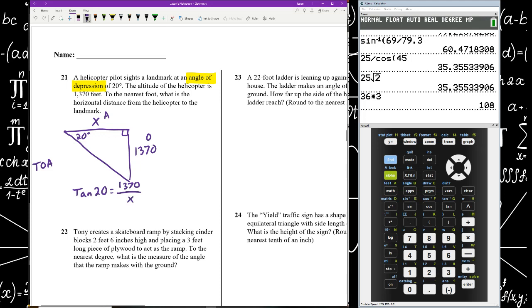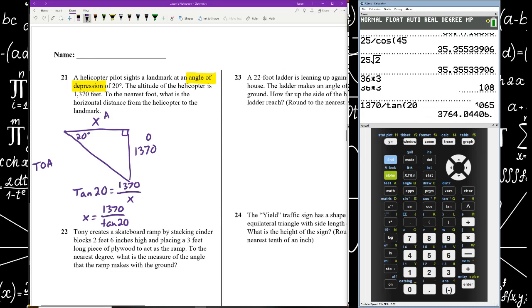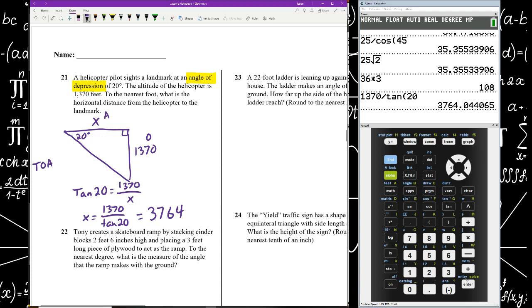So x equals 1370 divided by tan 20. We go to our calculator, 1370 divided by tan 20, and we get a final answer of 3,764.04, so it's just 3,764 feet because we're rounding to the nearest foot. There's your answer.